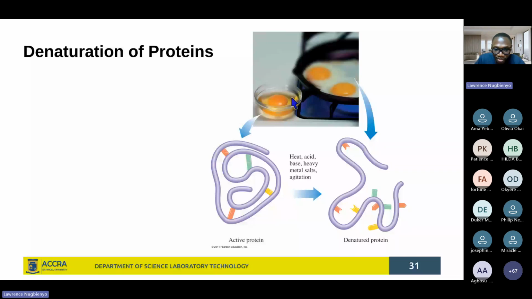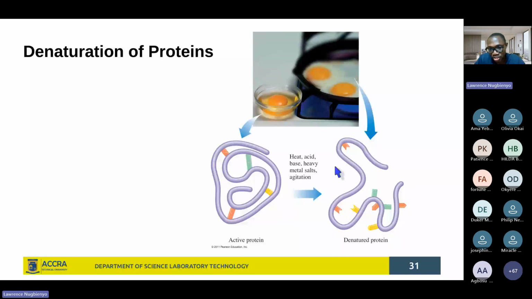And so you see here being shown an active protein having some of these bonds, like hydrogen bonding, disulfide bridges between them, shown in these orange, yellow, green colors, to show the bonds that are between the various parts of the protein. And then a denatured protein is having those bonds broken off.